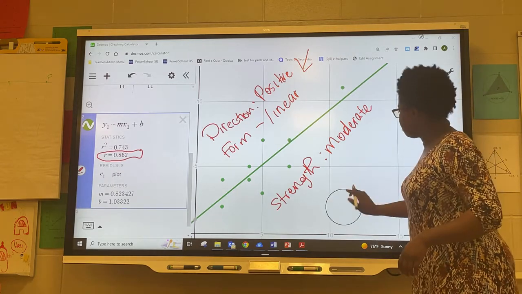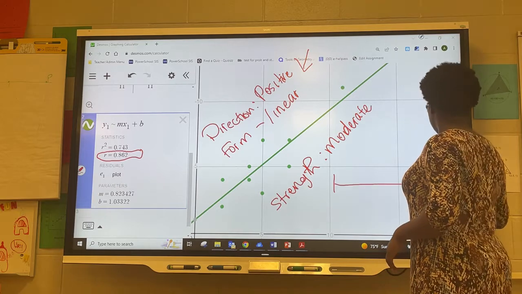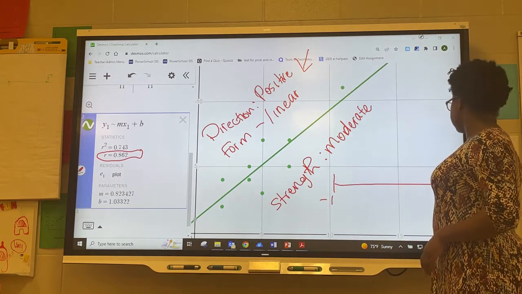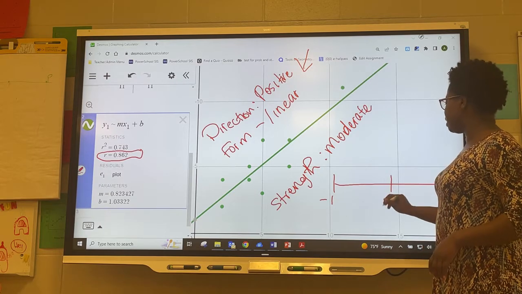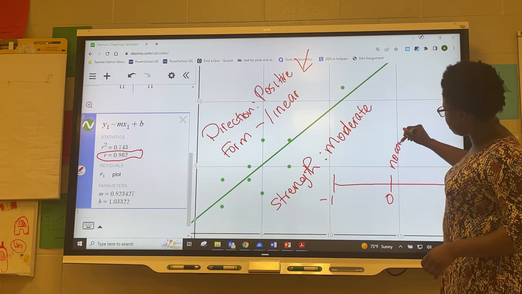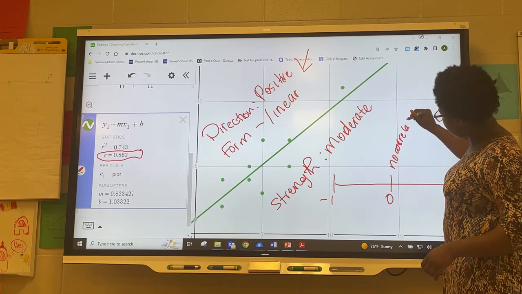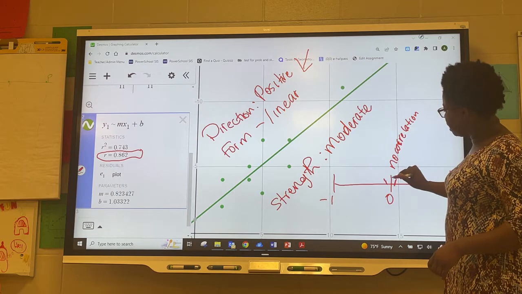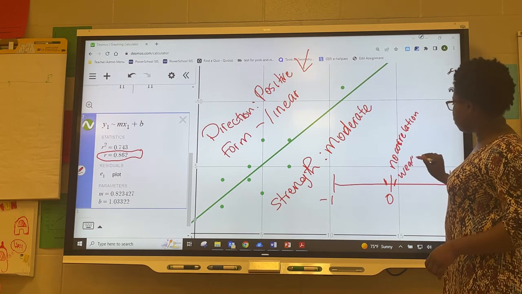And we know this because we established that correlation lies between -1 and +1, which makes the center 0. At this point we say no correlation, or closer to 0, on either side we say it's weak.